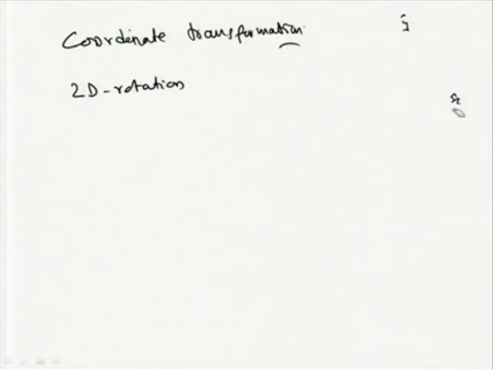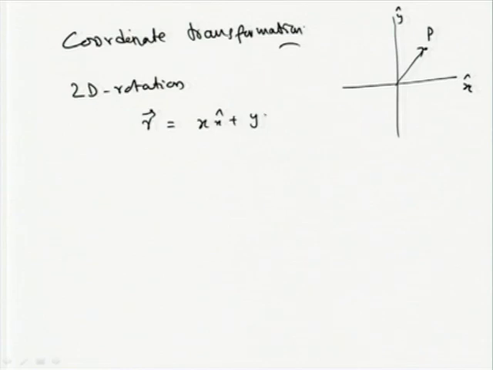So, let me draw that in a proper way. We have a horizontal axis which we denote by x axis, and we have a vertical axis which we denote by y cap, and a vector R, position vector of point P, is denoted by say R, which is equal to x x cap plus y y cap.